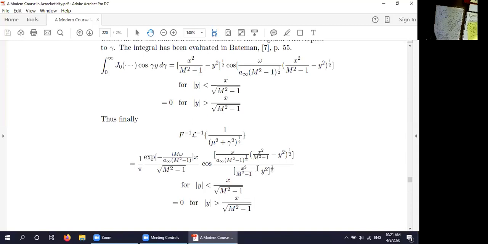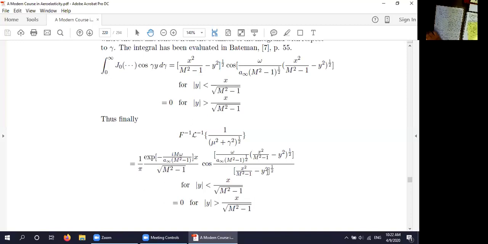And if I integrate this with respect to x and y to get something like lift or moment or whatever, I'll get a finite answer, which is a very good thing. The same thing happens in subsonic flow, as we'll see later on. The flow field does have some singularities in it, but they're what a mathematician would call weak singularities.